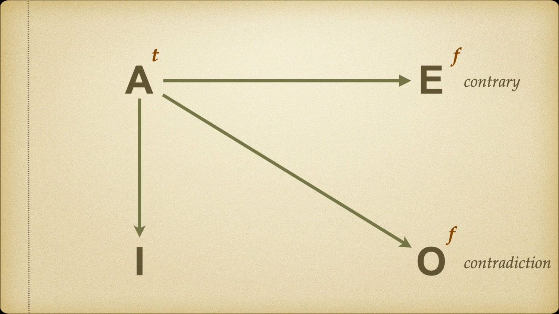Thirdly, if we're assuming that all dogs have tails, what does that tell us about the claim that there's at least one dog that has a tail? Well, it must be true as well because of subalternation. The truth value of the universal becomes, or entails, the truth value of the particular. Now, if we were to start with a universal negative being false, we wouldn't have as much luck as we did in the last example.